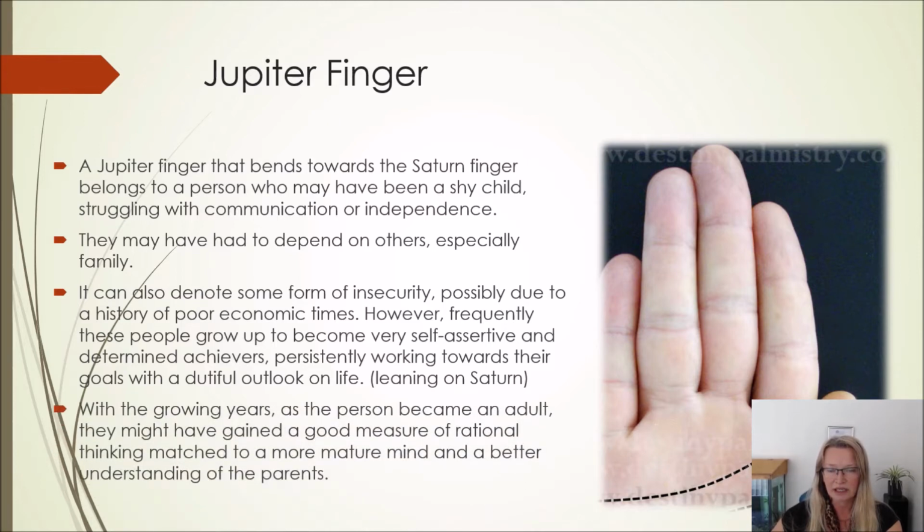Now, this is particular if the Saturn finger tip also has a curve. If they both have a bit of a curve, that shows what I was talking about before. So the person might have had some problem in the growing years, like regarding the parents. So as they became an adult, they might have gained a measure of rational thinking. So the rational is coming from the Saturn.